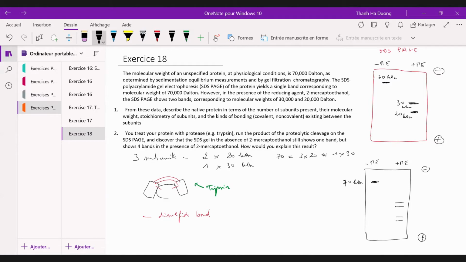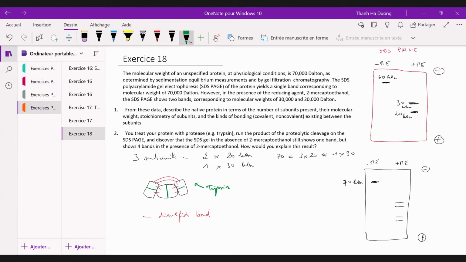Let's say we have several disulfide bonds, and I can cut here and here, but all the parts after the digestion are still linked together by the disulfide bonds.